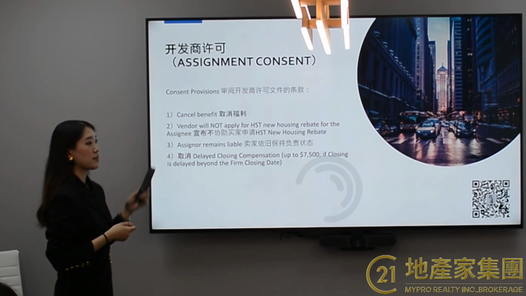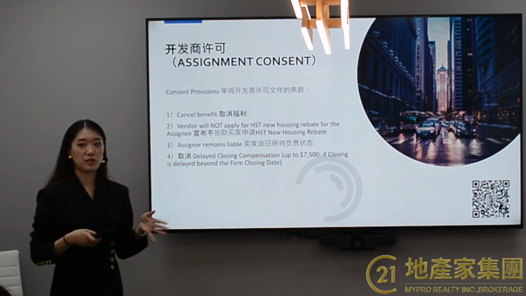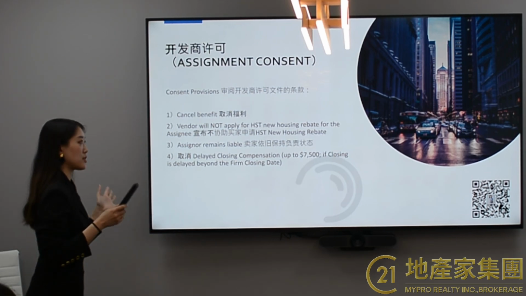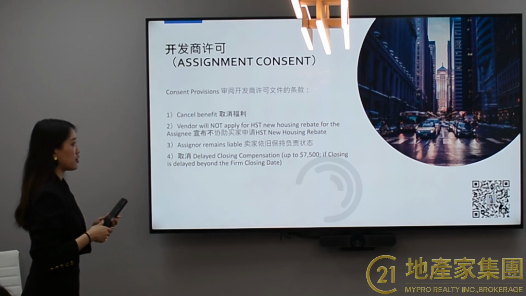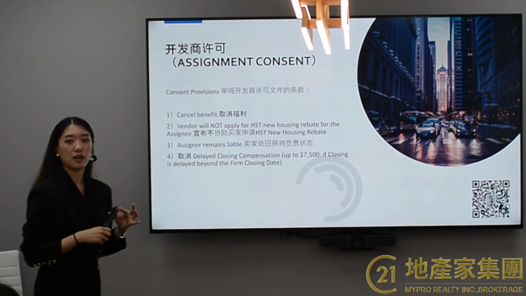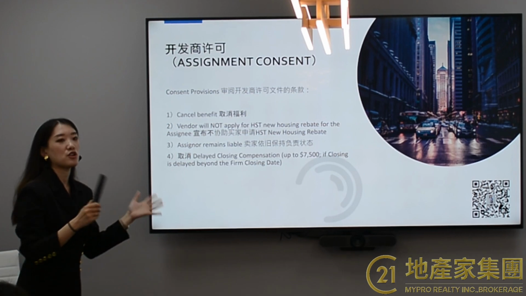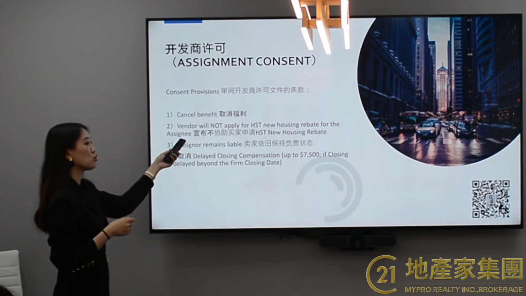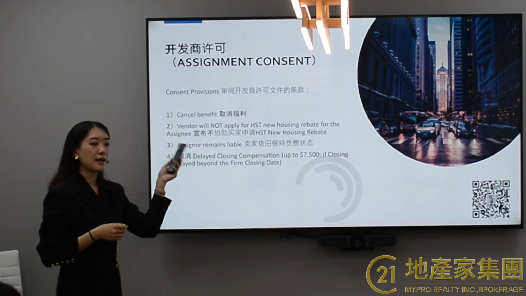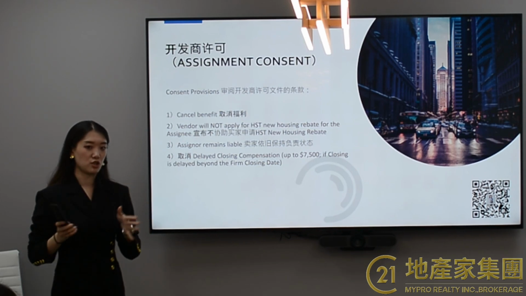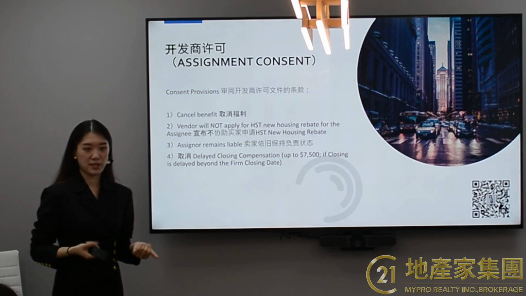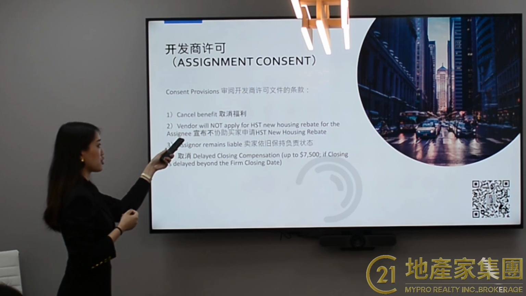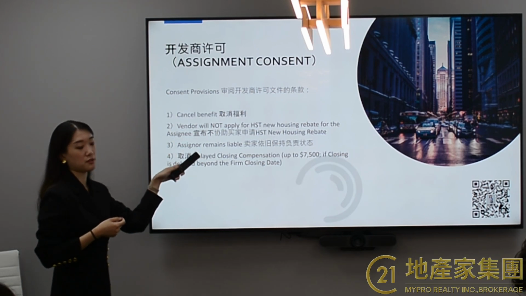What this means is that on the final statement of adjustment, your final bill with the builder, you're going to see an additional $24,000 added onto your purchase price. You have to pay this to the vendor upon closing, and then after closing, find an accountant to help you apply and get it back from the CRA. So there's going to be additional cash flow turnaround.